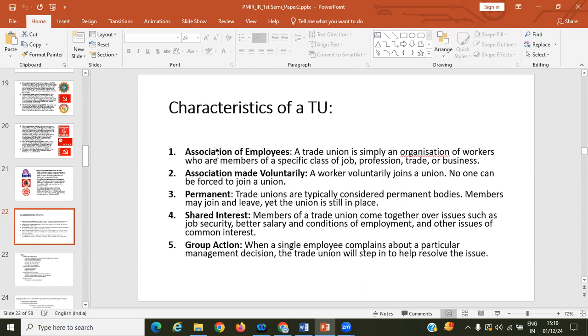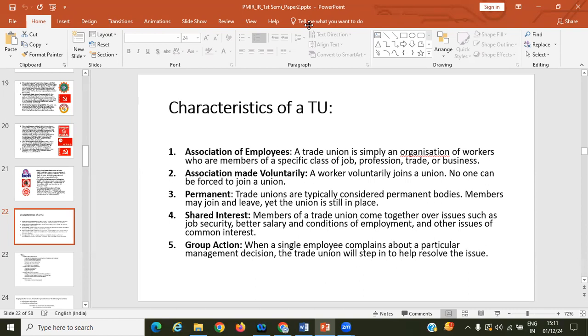So no one is forcing you to join a trade union. It is completely voluntary. It is up to you. You can join, and if you don't want to, you need not join. A worker voluntarily joins a union. No one can be forced to join a union.